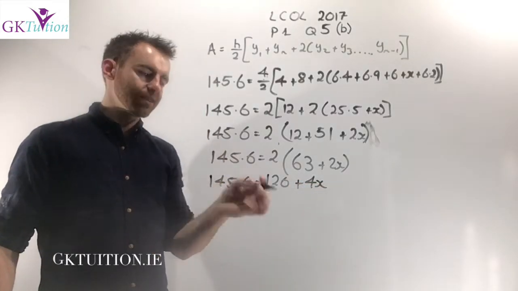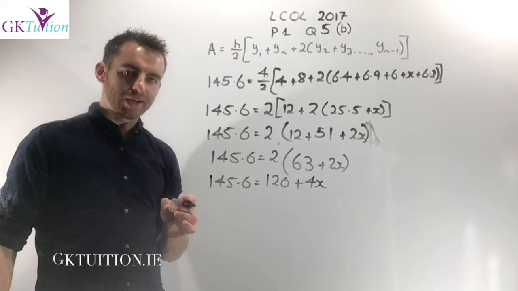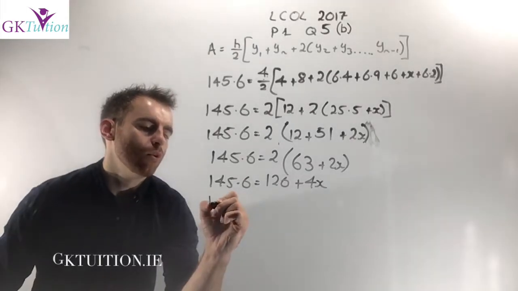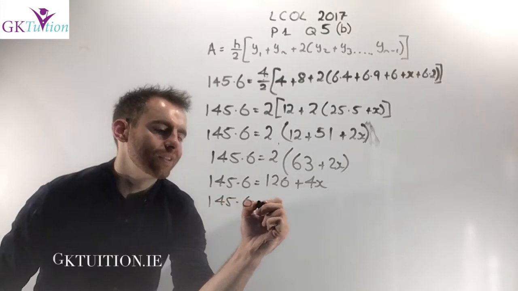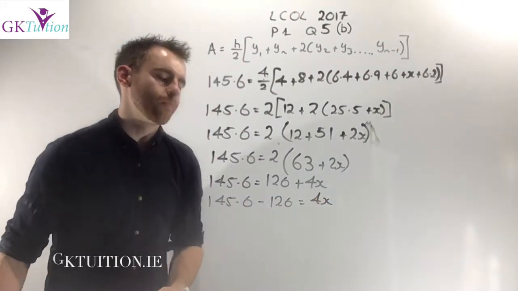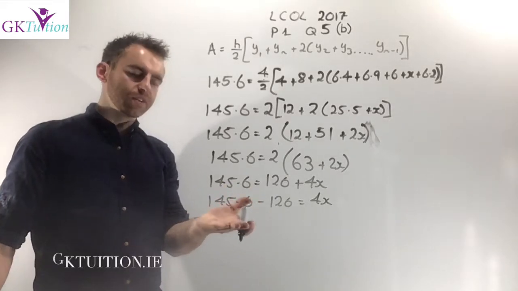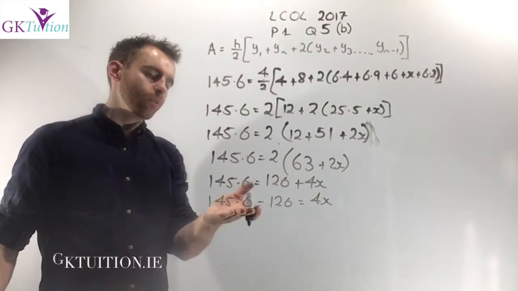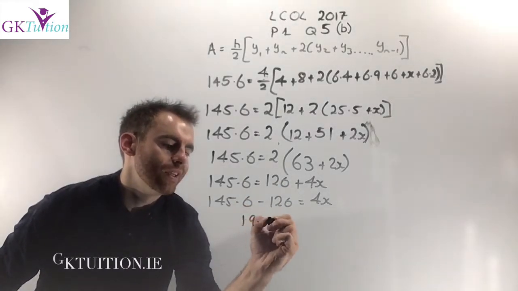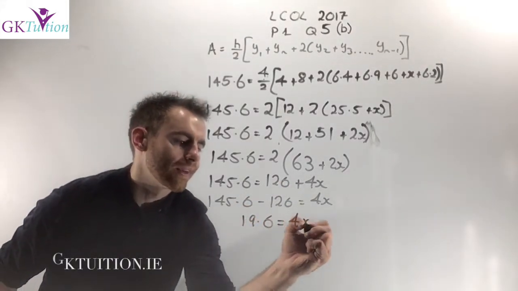Now in order to get x on its own here, we need to subtract 126 from both sides, which means that I'm going to end up with 145.6 minus 126 is equal to 4x. Now if you plug this into your calculator, 145.6 minus 126 is going to give you 19.6 is equal to 4x.